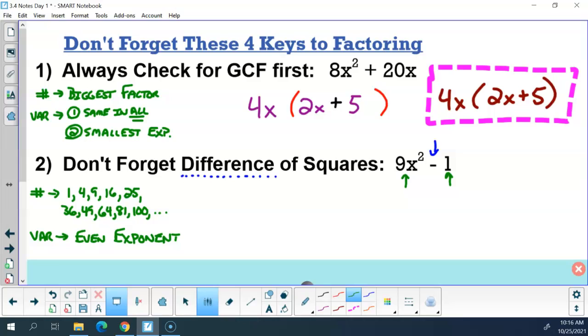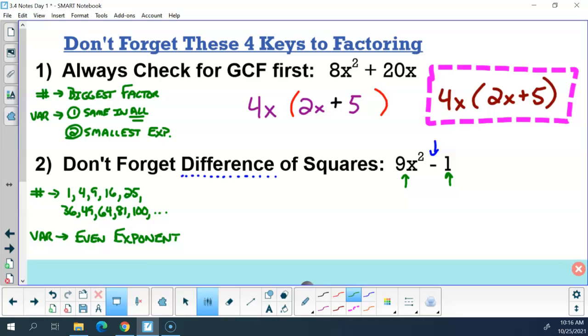And so you look then at your two terms. Okay? First thing you look for is to make sure it's a subtraction. We got that. Okay? Second thing to look for is you need to make sure that both of the terms are perfect squares. 9 shows up on our list of perfect squares, so it is a perfect square.